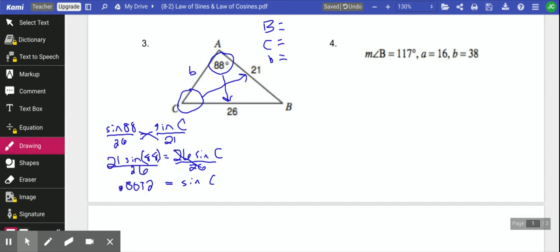To get rid of the sine, we are going to take the inverse sine of both sides of this. Okay, so hopefully you left that crazy decimal in your calculator. Inverse sine and sine are going to cancel, so that's going to give us C. And then in your calculator, do inverse sine of that decimal that you have. So remember, inverse sine is above sine.